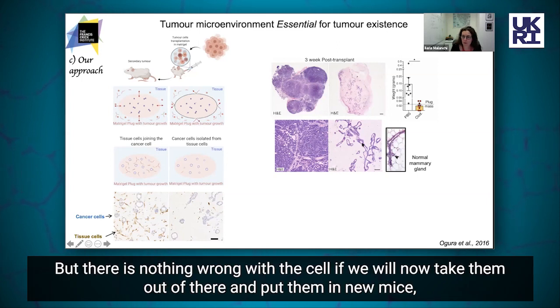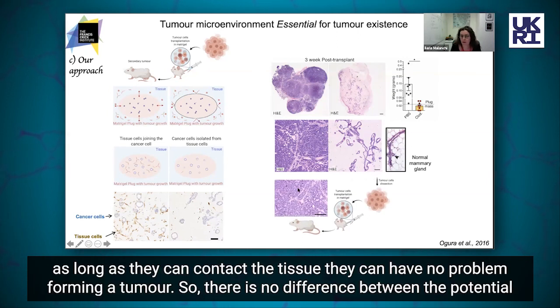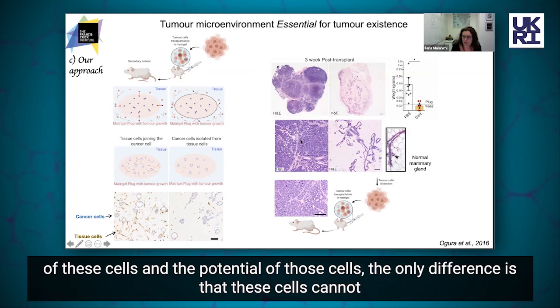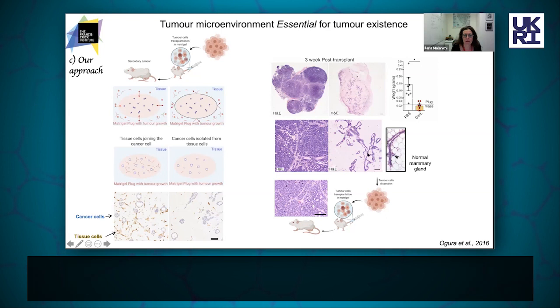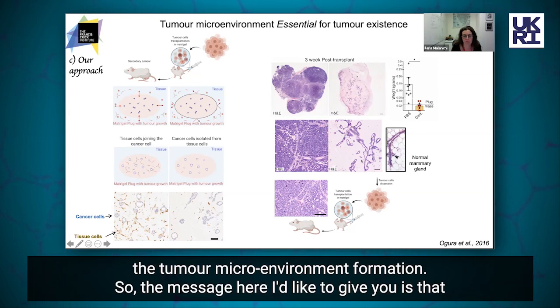But there is nothing wrong with these cells. If we now took them out of there and put them in new mice, as long as they can contact the tissue, they have no problem forming tumors. So there is no difference between the potential of these cells and the potential of those cells. The only difference is that these cells cannot exploit that potential because the tissue does not allow the tumor microenvironment formation.